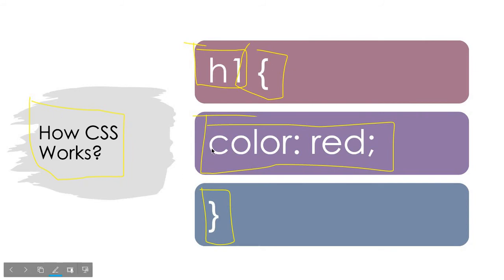Let's say we have this word, just this word. Then we have this colon, which is different. Then we have this red. Then we have this semicolon. So these are the different things, right? So let's understand what each of these are.